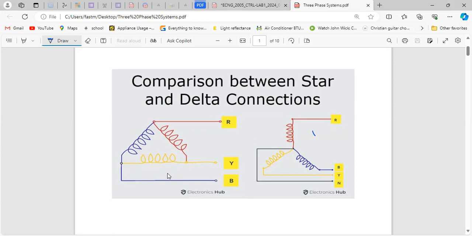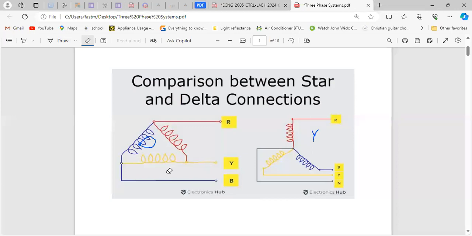Normally they'll call this the Y configuration and this one the delta, or they might call this one the star. They're all the same thing. If you forget, the one that looks like a star is the star, and obviously the other one is the delta. Sometimes this does look like a slanted D if you look at it long enough, and this obviously looks like a Y or a star.